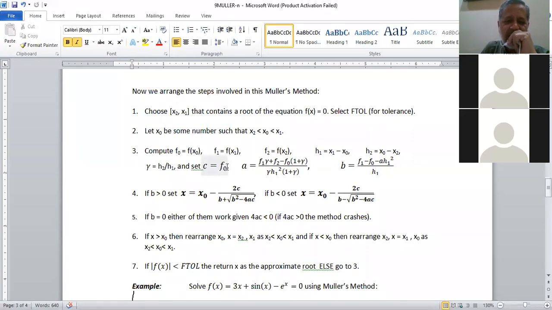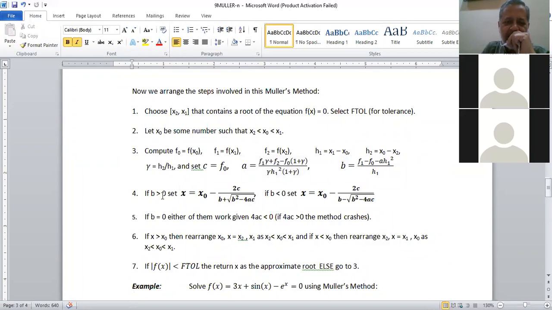C की value को f naught, we have seen that C की value f naught. Then calculate value of a with all values that we have available. Then calculate value of b with all values that we have available along with a, that is just calculated.